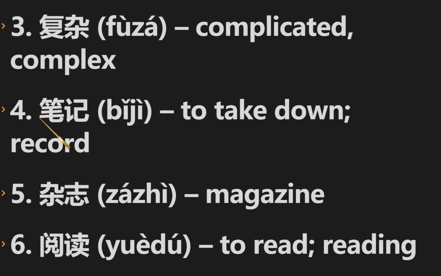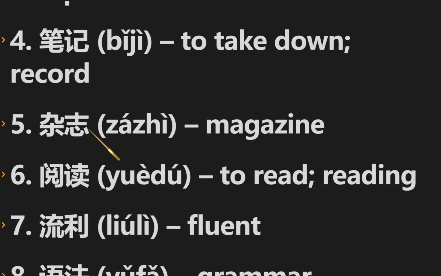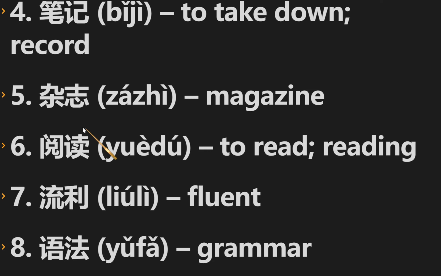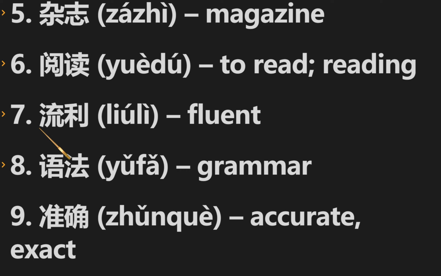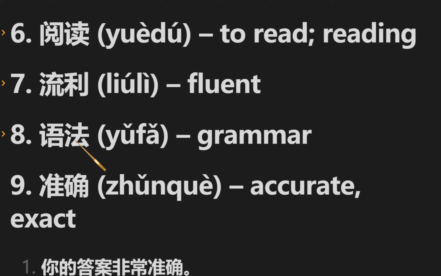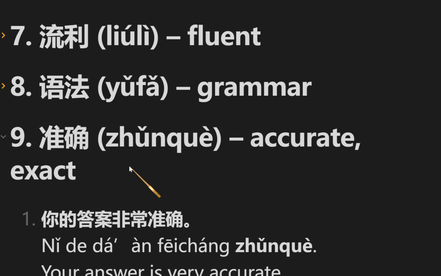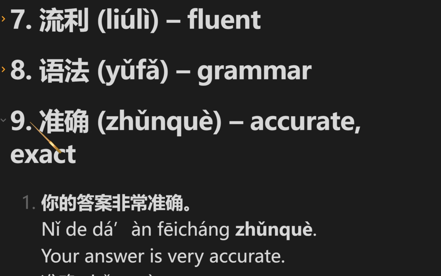For example, 做笔记, to take notes, or 笔记本, notebook. Next one is 杂志, magazine. 阅读, to read, reading. 流利, fluent or fluently. 语法, grammar. And the first one for today is 准确.